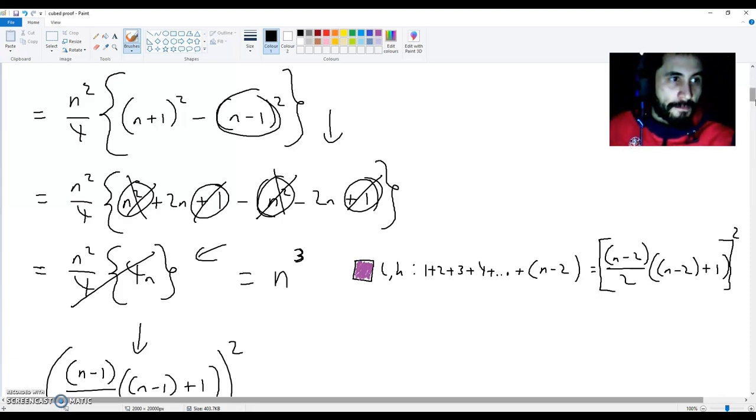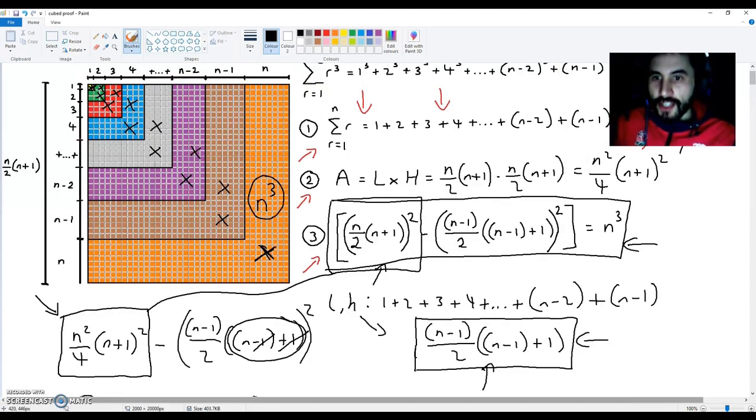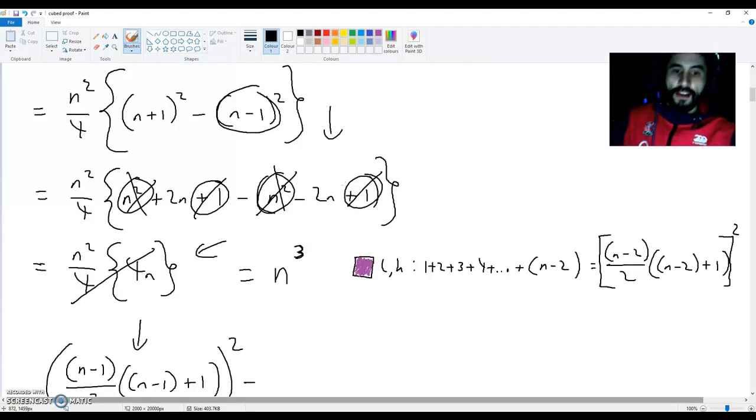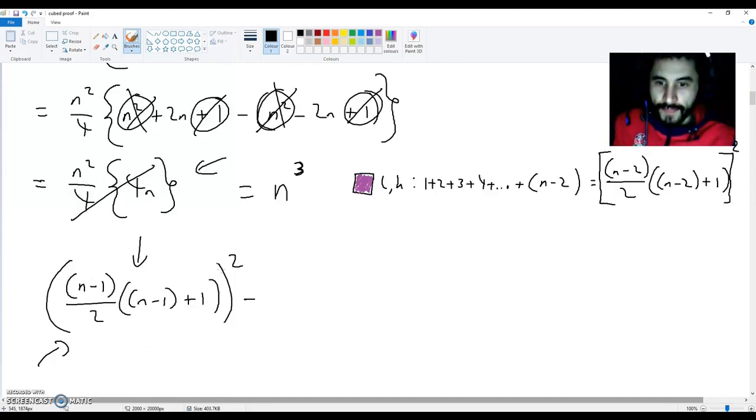This means that the area shaded in brown over here is going to be equal to this, what we've already written down, minus the area of the purple square, okay, which is, in brackets, n-2.